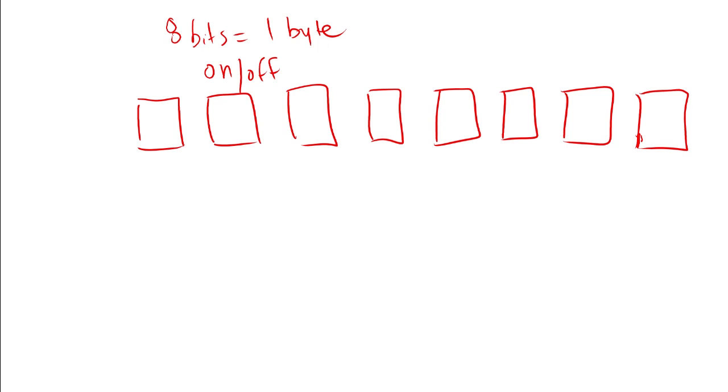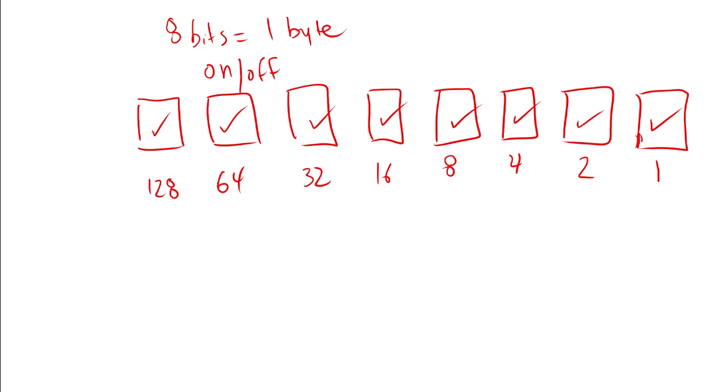The first one is worth 1, the second one is worth 2, the third is worth 4, the fourth is worth 8, then 16, 32, 64, and 128. If all of these are on, then the total, adding these together, is 255. If they're all off, the total is 0.